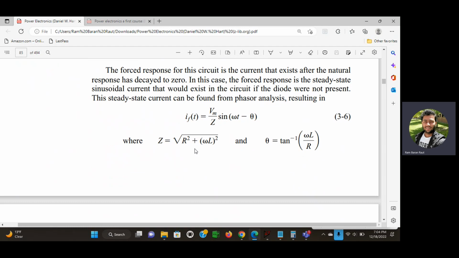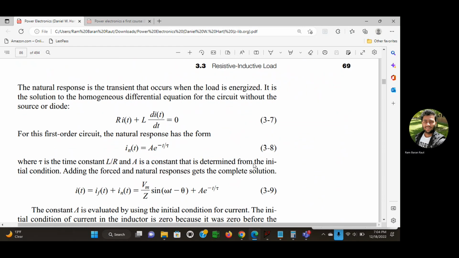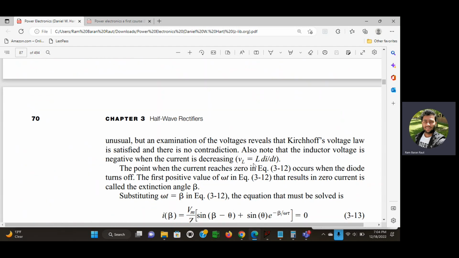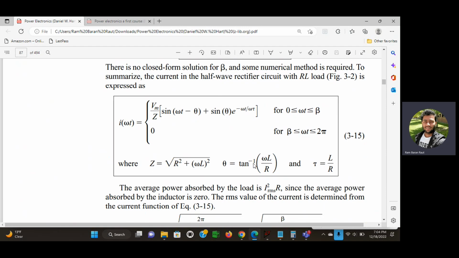This is the impedance for the RL circuit, and this is the phase. So we are going to analyze this one.